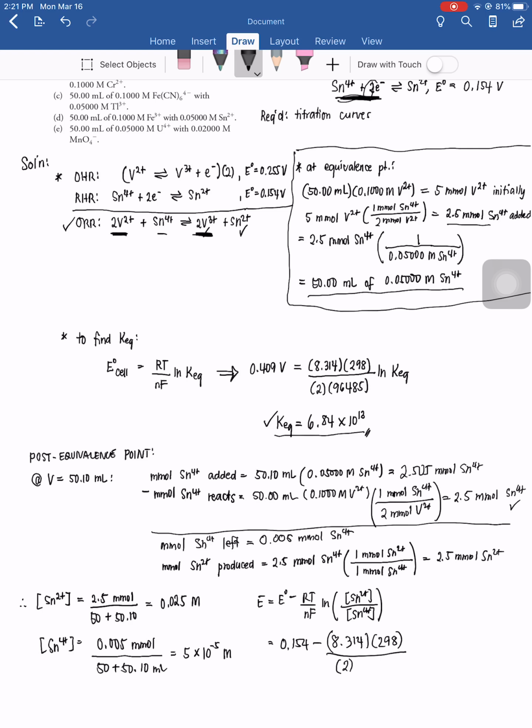We always look at our table of reduction potentials when we use our Nernst equation. Ln, the concentration of the tin 2, that's 0.025 divided by 5 times 10 to the negative 5.